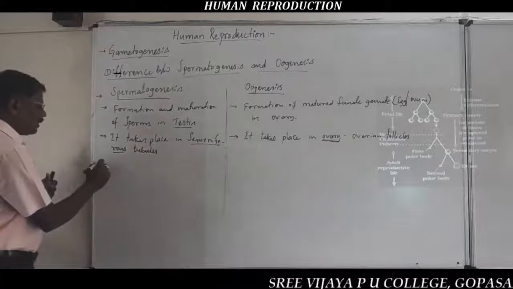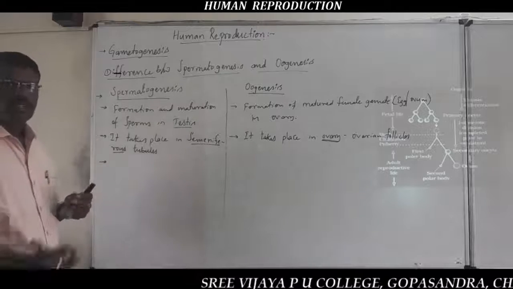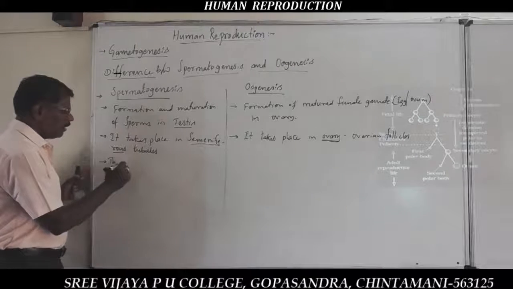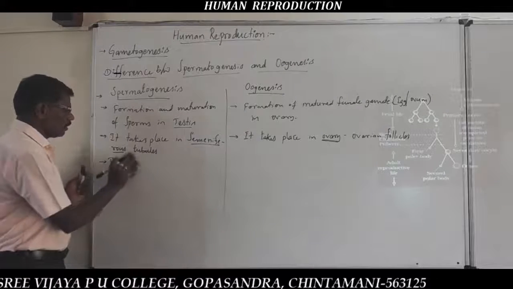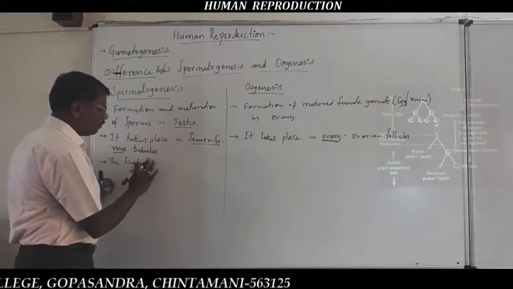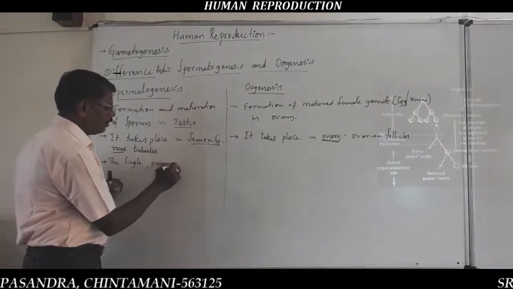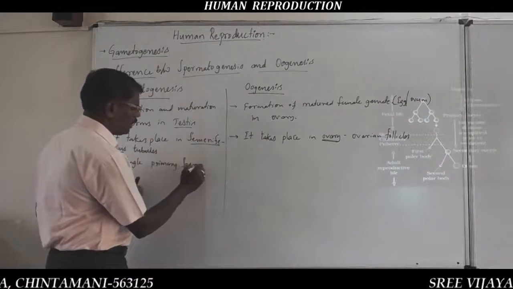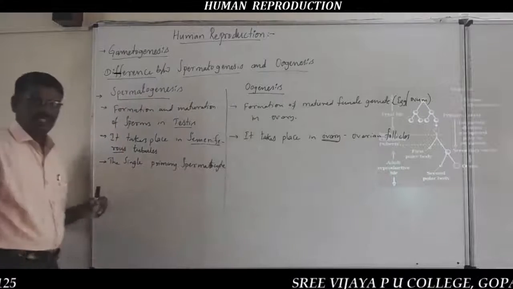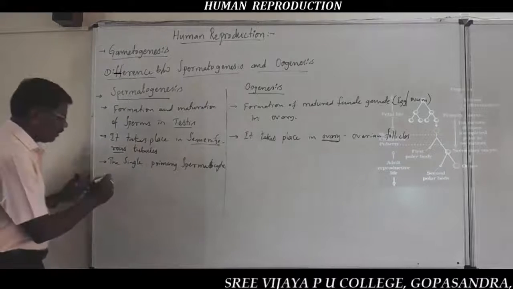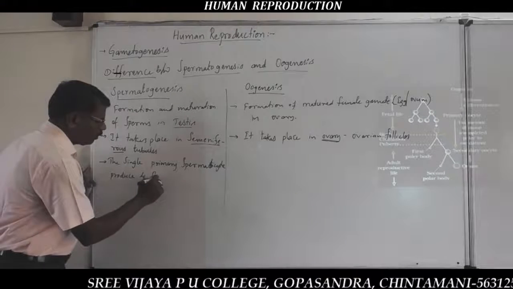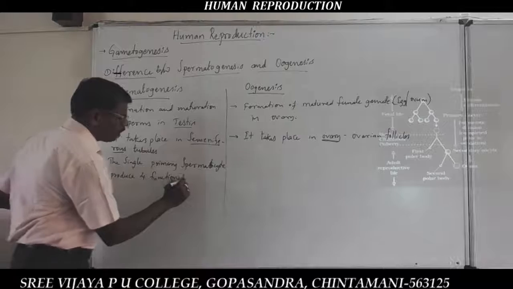In spermatogenesis, a single primary spermatocyte produces 4 functional sperms.